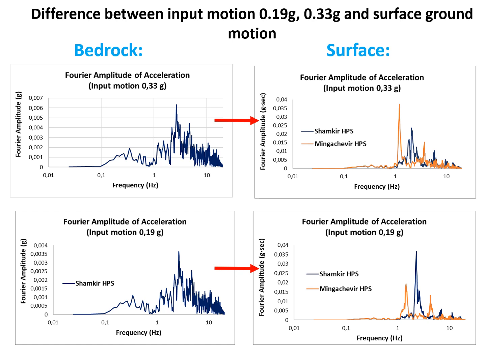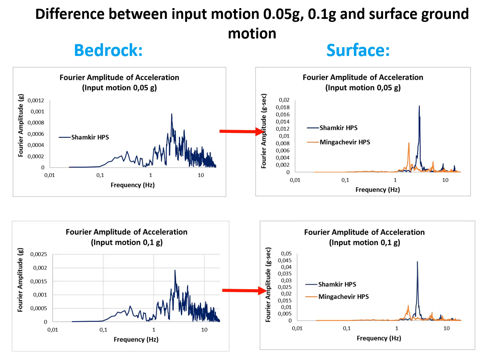On this slide from the Fourier amplitude spectra, we see the difference in the amplitude spectral content of seismic motions of the bedrock and the surface for input motion amplitudes of 0.19 g and 0.33 g. On the surface of the Mingachevir site, we observe amplitude amplification at lower frequencies compared to the case of Shamkir.